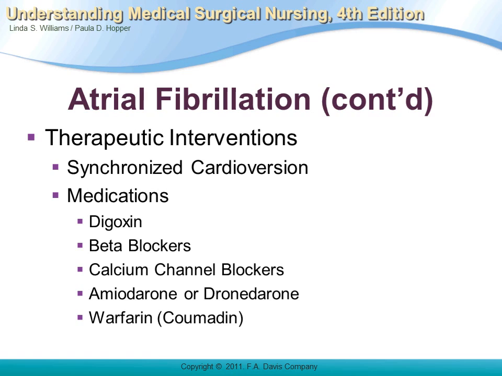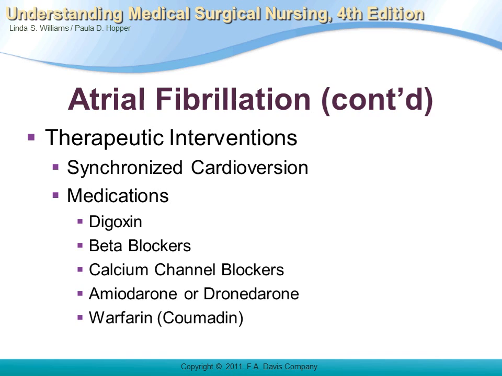Therapeutic interventions: patients may have synchronized cardioversion, which means we tell the machine when to stop the patient's heart. Medications may be digoxin, beta blockers, calcium channel blockers, amiodarone, or Coumadin.